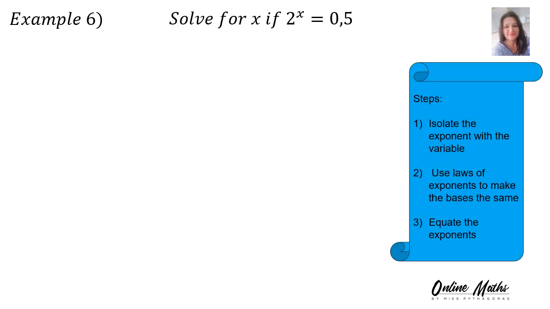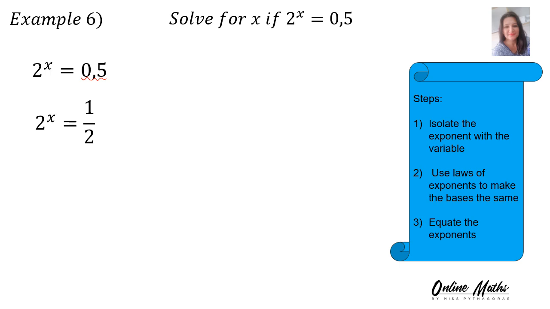Example 6. Solve for x if 2 to the x is equal to 0,5. Now, don't be scared that this is a decimal. Are you with me? You can write 0,5 as a half. And then we have to do step 2 first. Use the laws of exponents to make the bases the same.